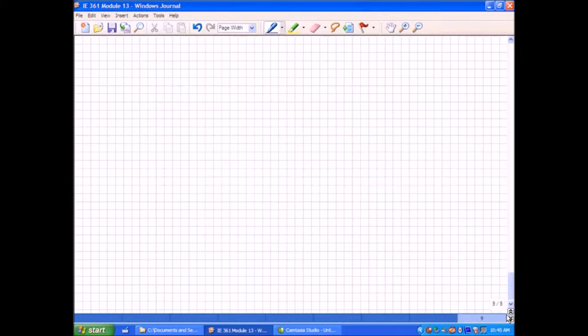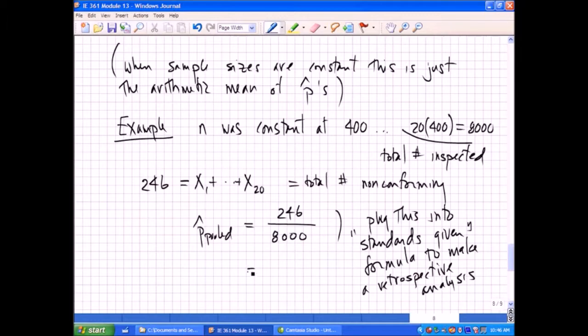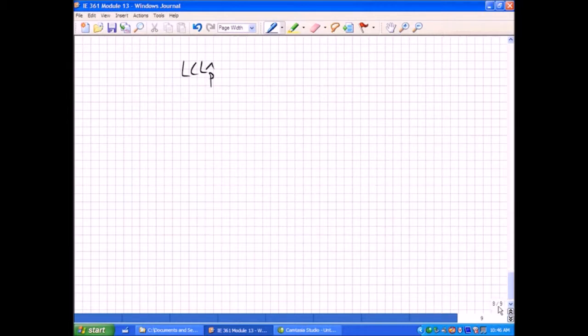That means, for example, that the lower control limit for p hat, I guess I should have said this thing is 0.0308. It's not really much different from the standard that was used to generate those 19 out of those 20 samples.